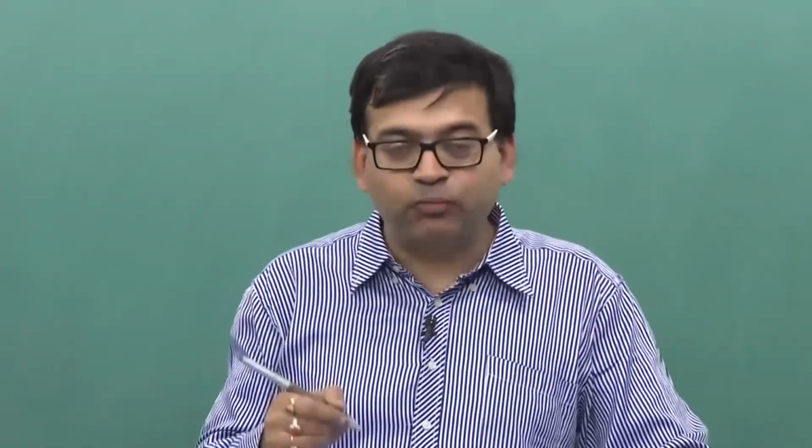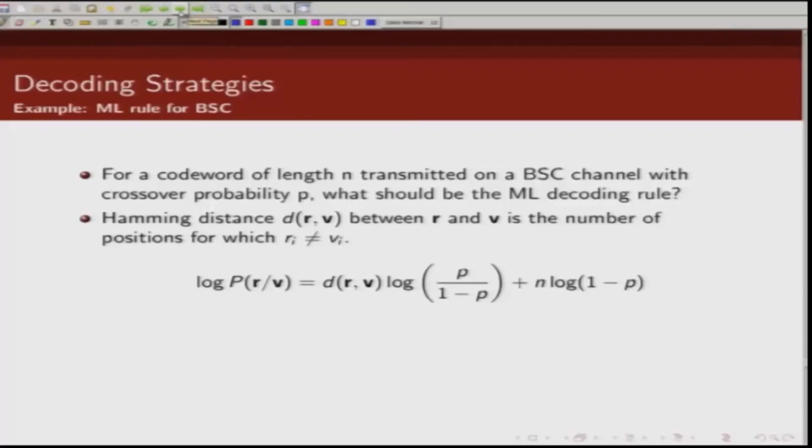As we just saw in the previous slide, for a maximum likelihood decoder we have to maximize the probability of R given V, which is equivalent to maximizing the log of the probability of R given V. So, let us compute the log of the probability of R given V. Before I calculate it, let me introduce another term called Hamming distance.